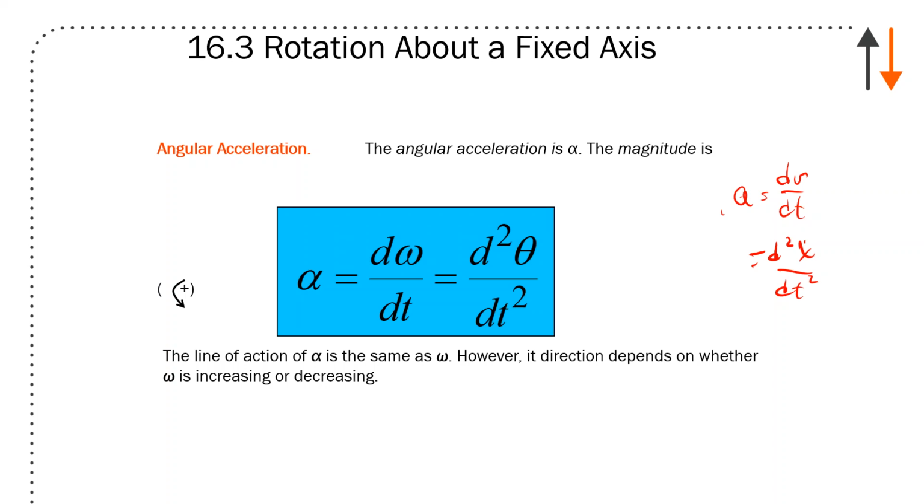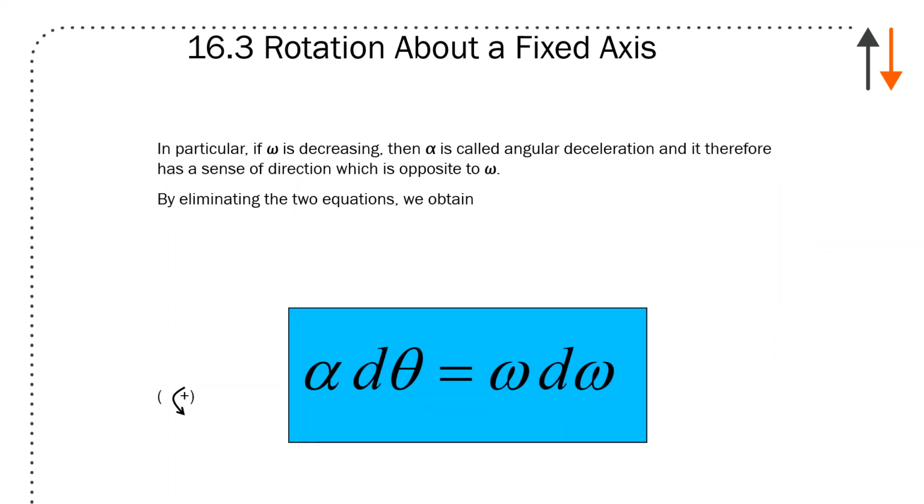So again, angular acceleration does not necessarily go in the same direction as velocity, and the direction is highly dependent on what's happening at that instant. And let's talk a little bit more about it.